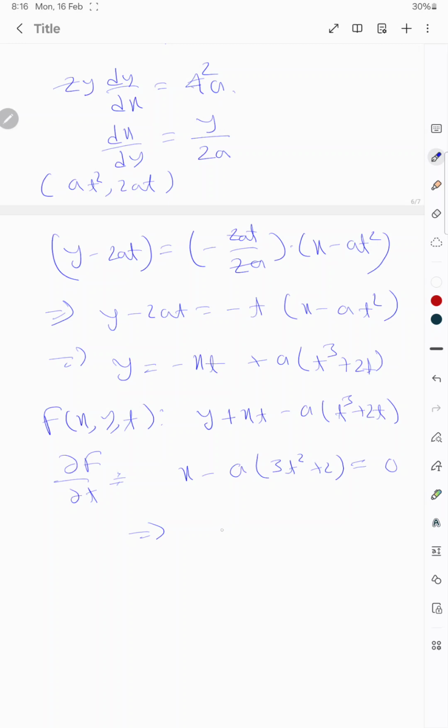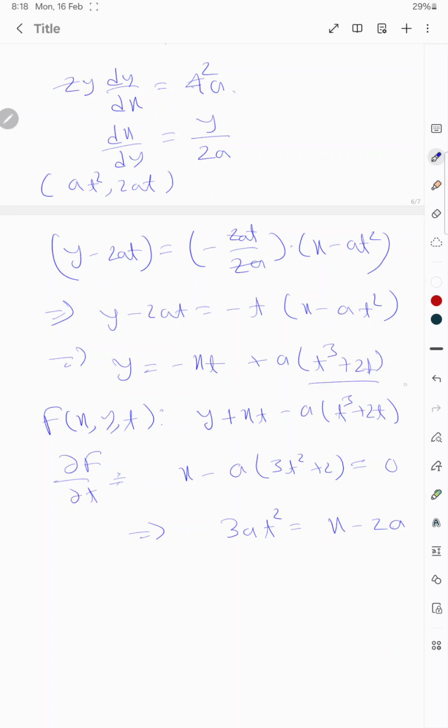From there you get that 3at square will be x minus 2a, so 3t square is equal to x minus 2a.